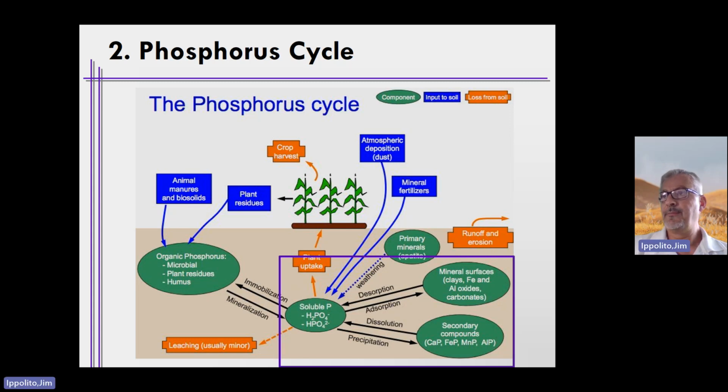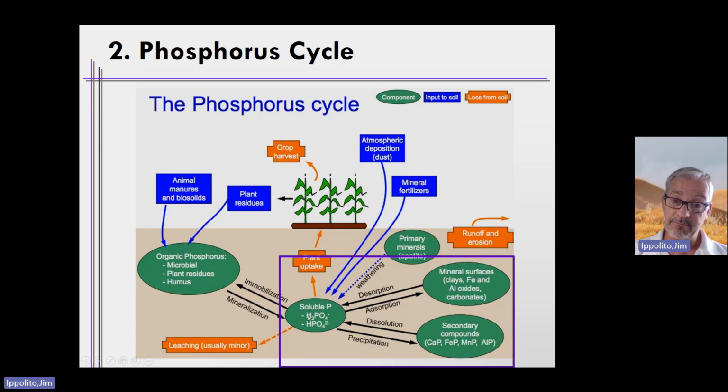The reason is these primary minerals, there's no reason for us to really talk about these. These are primary phosphorus-containing minerals in the form of apatites that are present initially in soils. These forms dissolve via weathering. Pump soluble P into the solution phase.